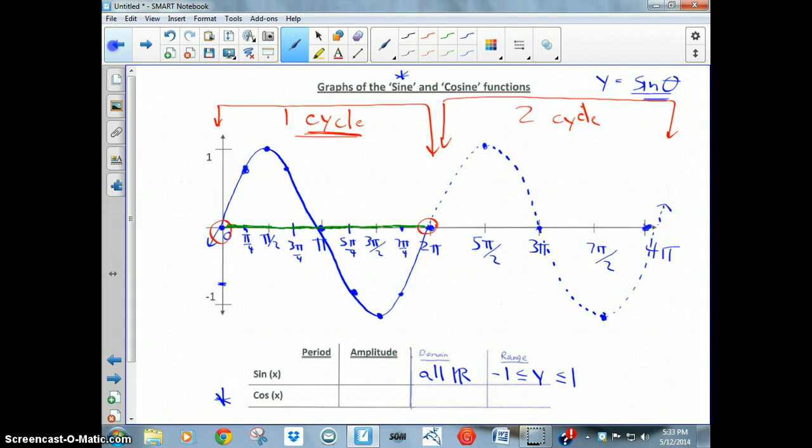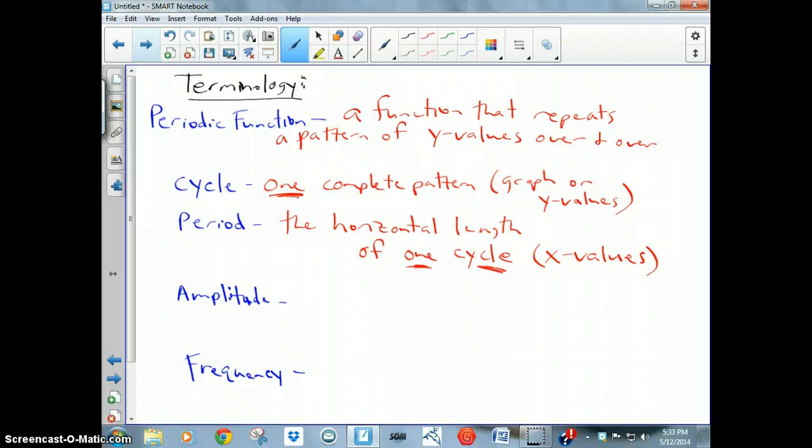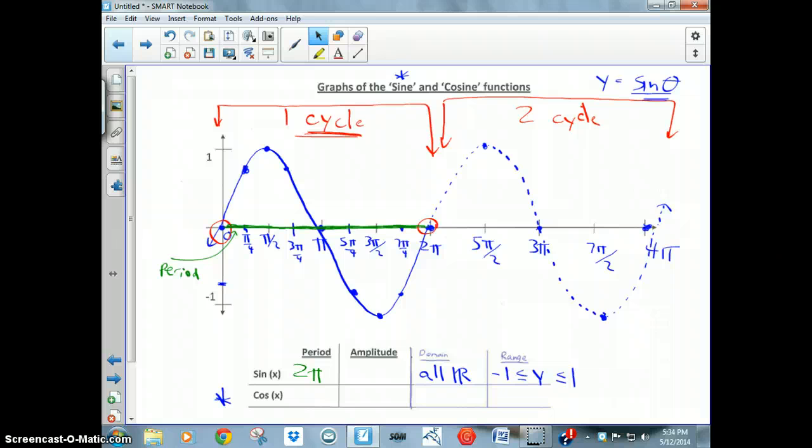One cycle, that's the horizontal length that's in green. That's its period. The period is from 0 to 2 pi, so the period's length is 2 pi, which you can fill in on your chart. The horizontal length of one cycle for the sine function is equal to 2 pi. That is the period. Now, the period can change, which you're going to see in the next video. But for right now, and for the basic sine graph, that green line is the period.